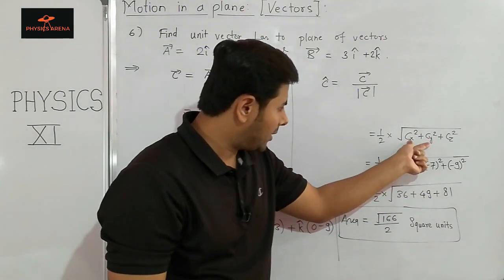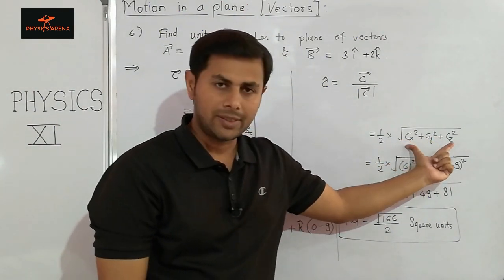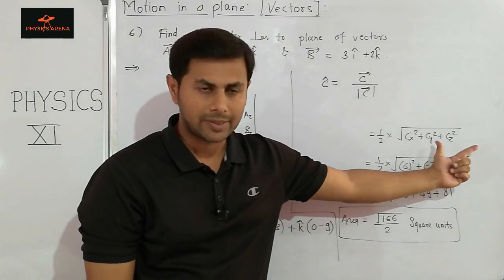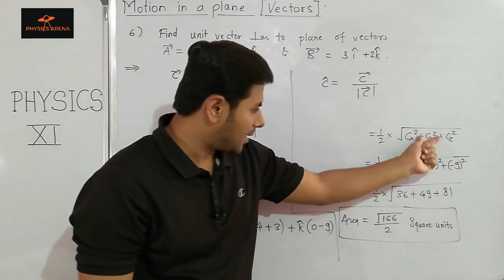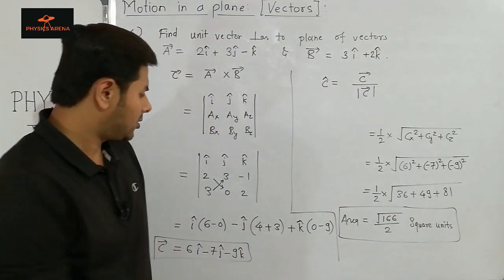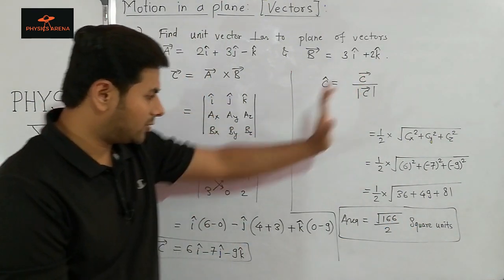And we found magnitude of c bar, which is square root of cx square plus cy square plus cz square, and which we found as square root of 166. So we just have to substitute these values here.